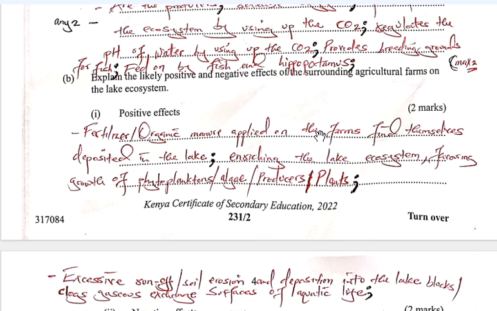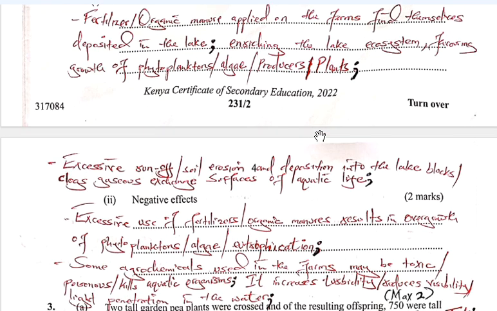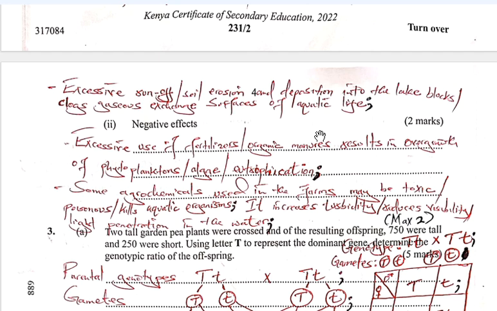Then the negative effects: excessive use of fertilizers or organic manures results in overgrowth of phytoplanktons, and that will lead to eutrophication. Some agrochemicals used in the farms may be toxic or poisonous. Apart from that, it increases turbidity, or reduces visibility or light penetration in the water.